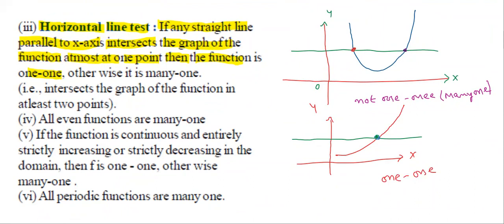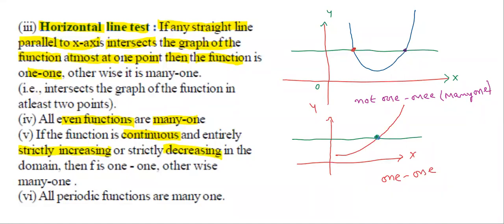Here clearly given, if it intersects the graph of the function at least two points, it is many-one. All even functions are many-one only. If the function is continuous, continuous means without breaking, entirely strictly increasing or decreasing.